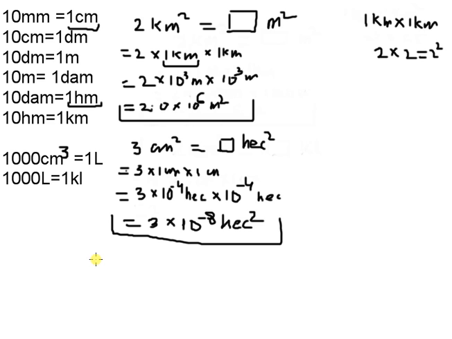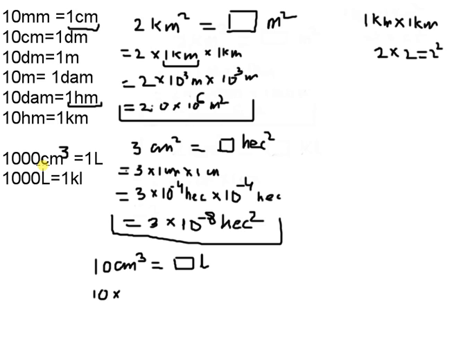So suppose that I've got 10 centimeter cube. It's a very small volume, 10 centimeter cube. I want to know how many liters it will make. So I'll write 10 over here, and this is my 1 centimeter cube.